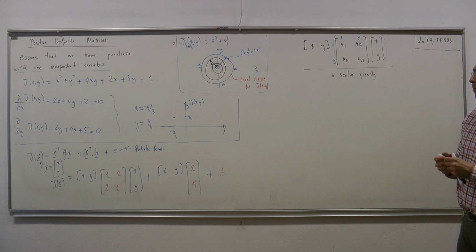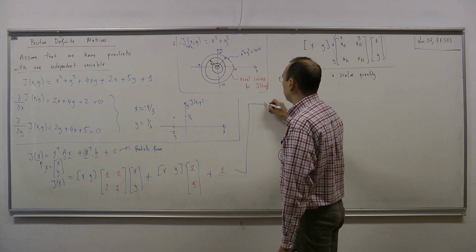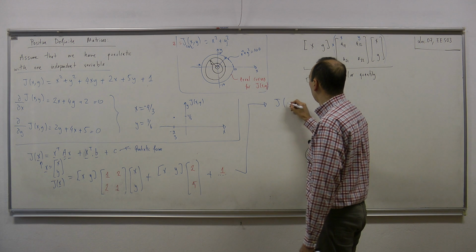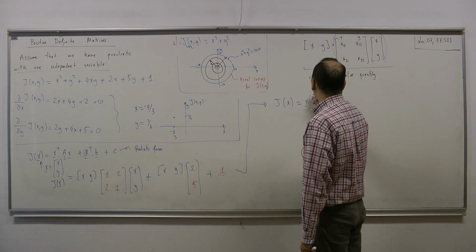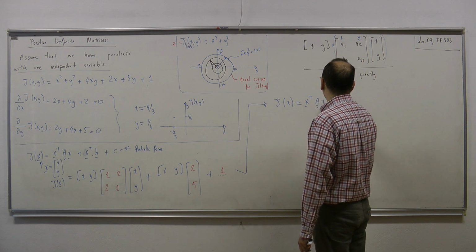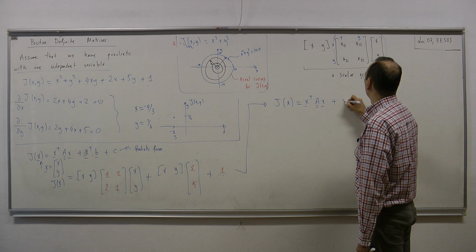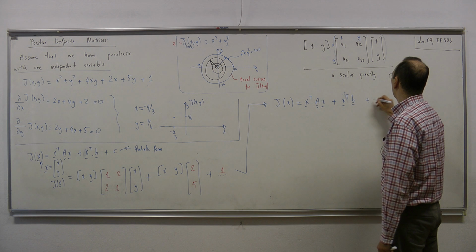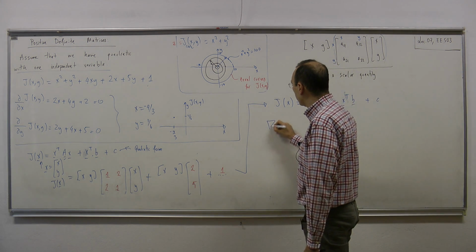Now, what else? Now, I should do the following next. Now, if I have Jx in this form, x transpose Ax, this is x transpose B plus C. Now, I would like to define the gradient operation.